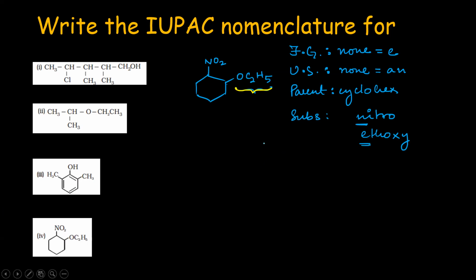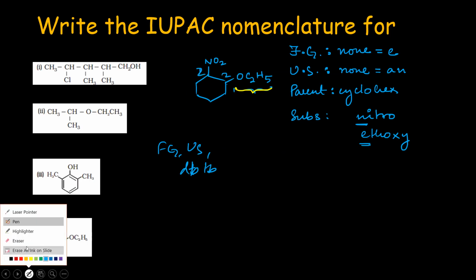Whenever you are undecided, you can start the numbering from NO2 or OC2H5, because for numbering we have only the criteria of functional group and unsaturation, that is, triple bond, double bond. Now we can start 1, 2 or 1, 2 like this.